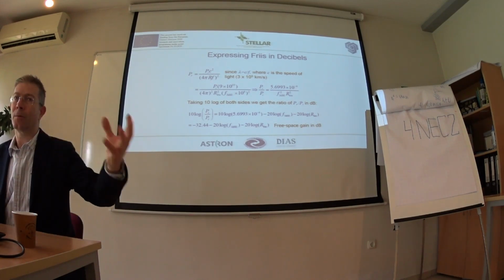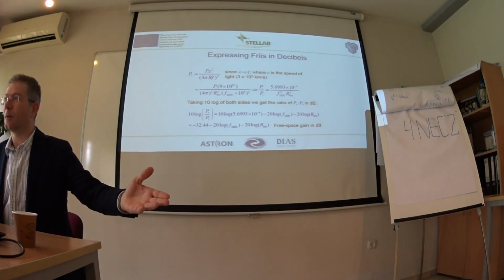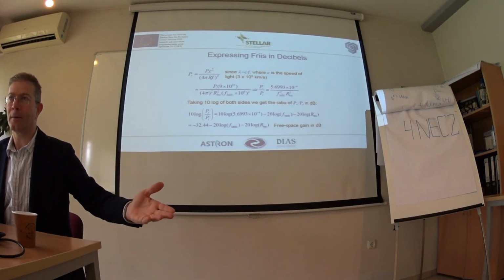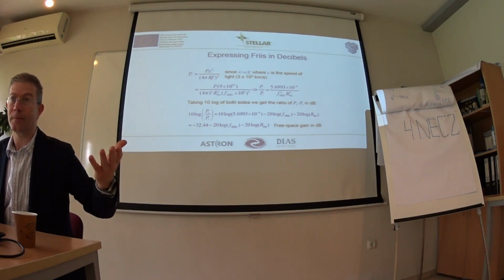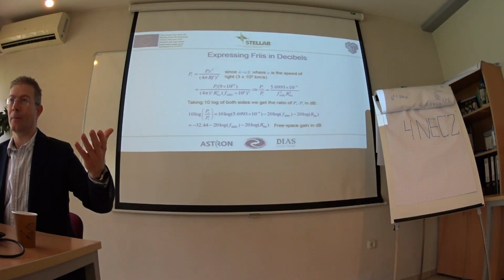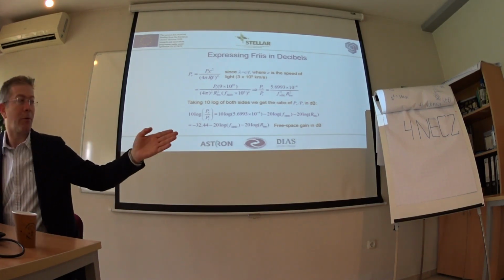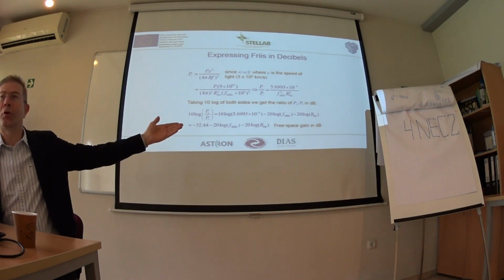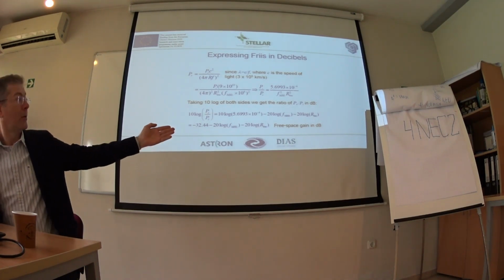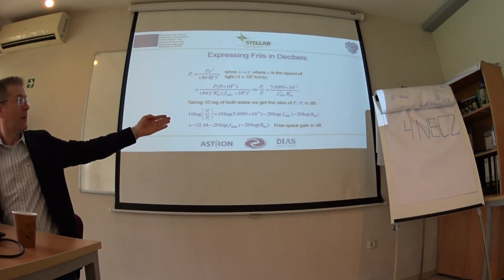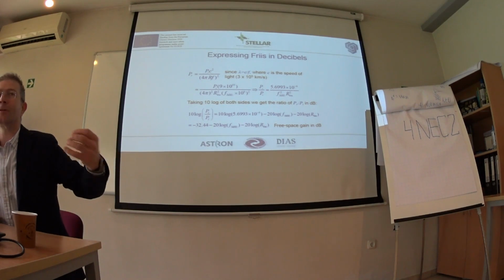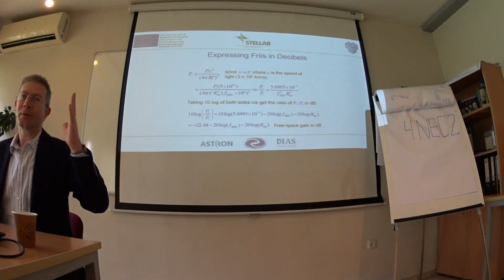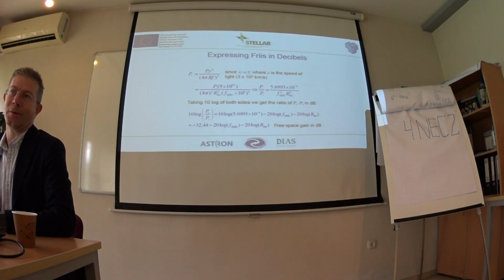So we can either work with linear scale, which is more logical and close to the physics, or use this short expression. We just have to put the frequency in megahertz and the distance in kilometers, and this equation will spit out the loss between 2 points for a given frequency and given distance.